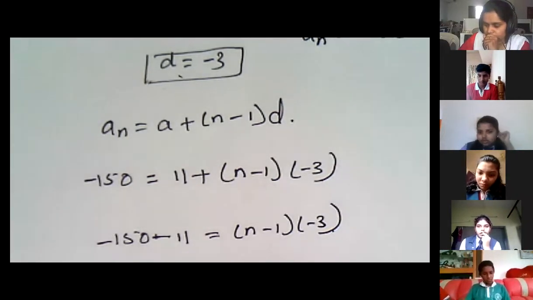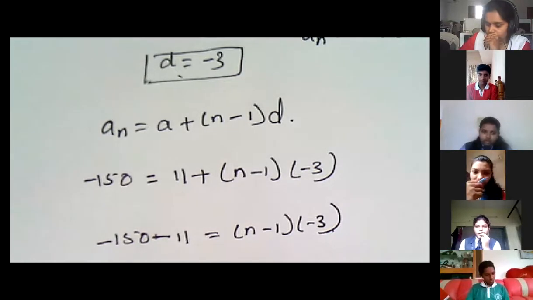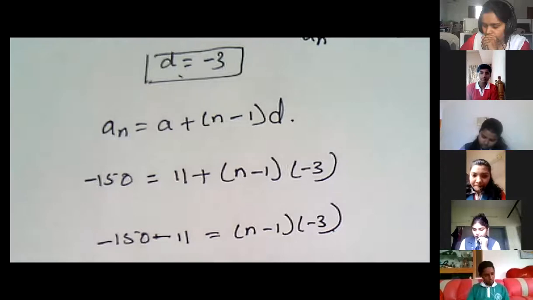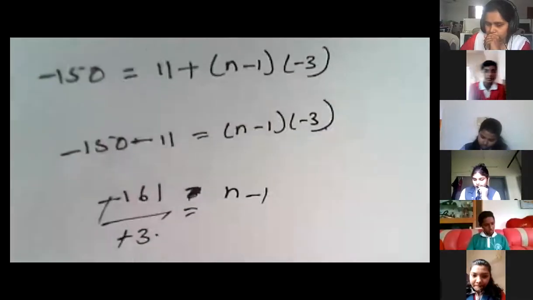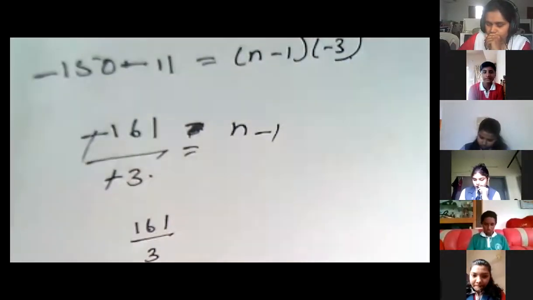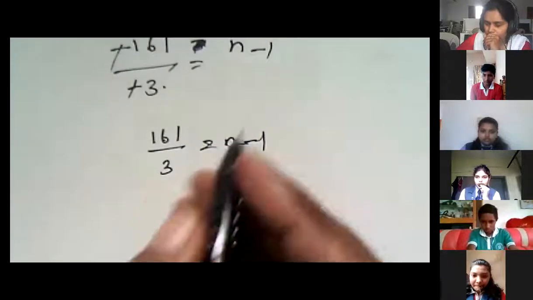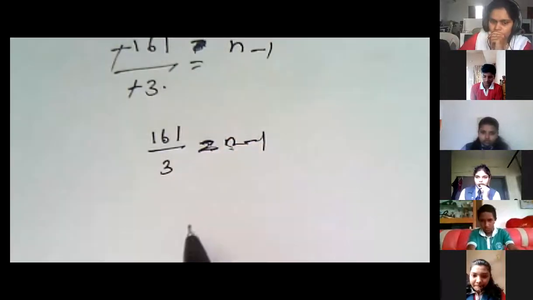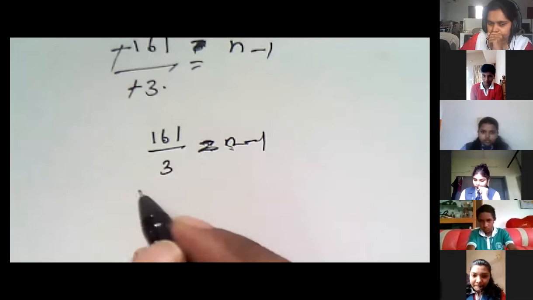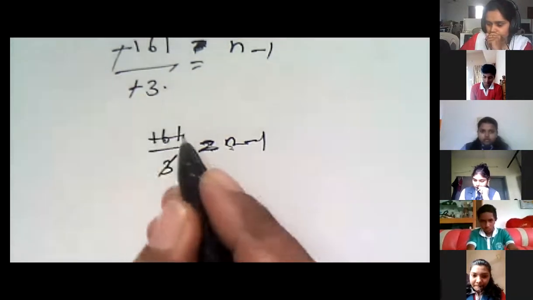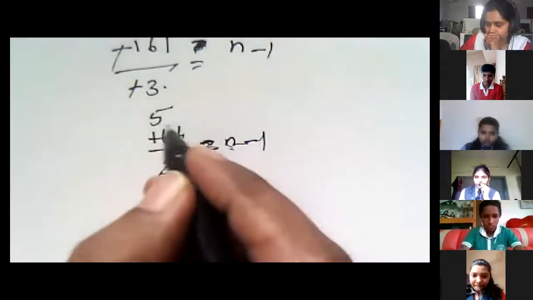Shall I bring this minus 3 to the denominator? Yes. Equals n minus 1. These get cancelled. Now 161 upon 3 equals n minus 1. Now divide it by 3. 3 fives are 15.